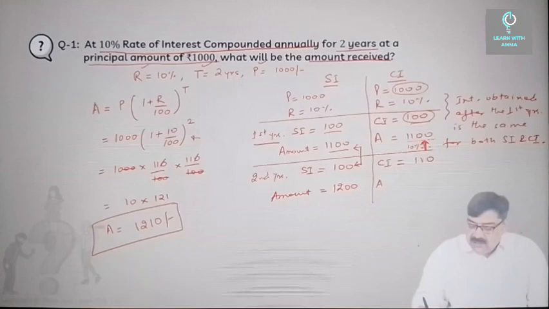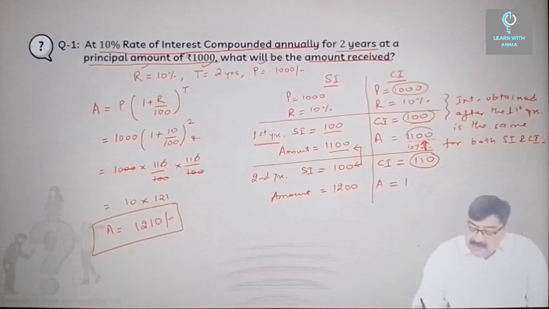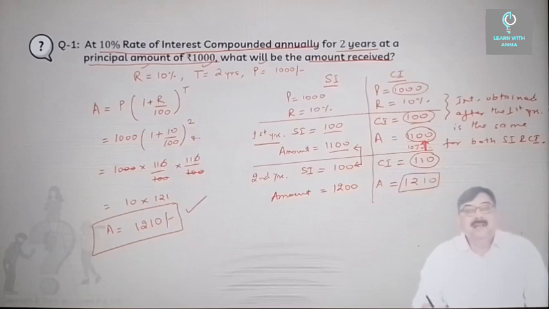So the amount that you get in this case is going to be 110 plus 1100, that is going to be 1210. This is exactly what we got here. So this is a difference.